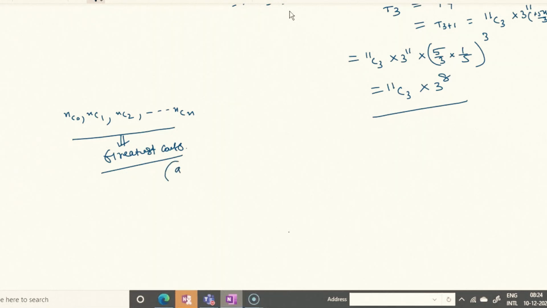When n is even, the greatest coefficient is nC n by 2.